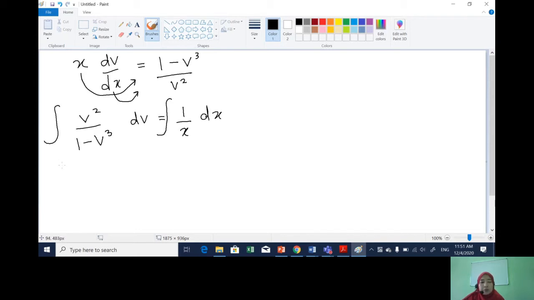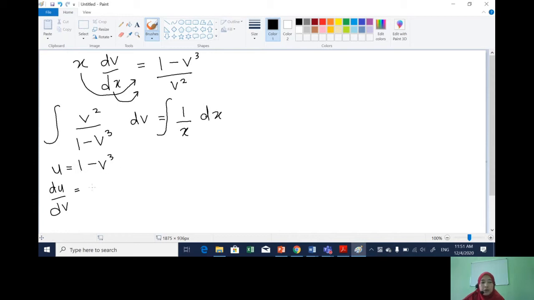So let's look at if we choose the substitution method. Remember that the purpose of the substitution method is to make the form of the integration much simpler after we substitute. So if we choose u is equal to 1 minus v to the power 3, we differentiate: du over dv is equal to, differentiating, this is a constant so it is 0.